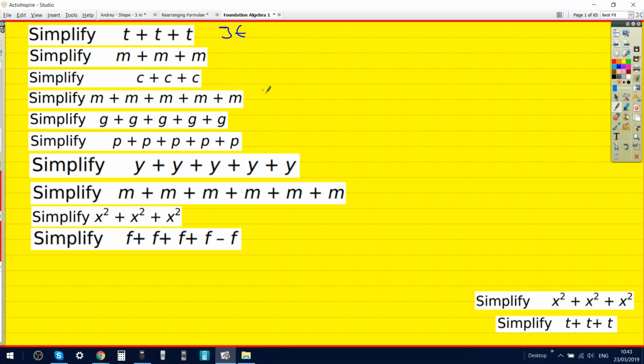That's 1, 2, 3, 6m. The 100. Is it 3x squared? Yeah. And the one under that, it'd be 4f. Is it 3f? Yeah.